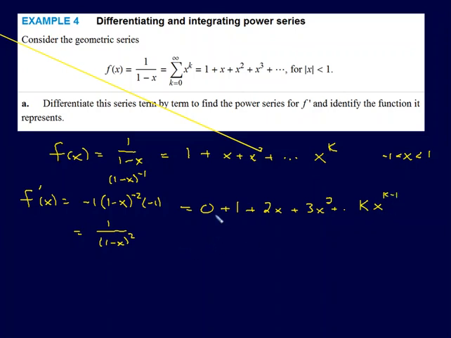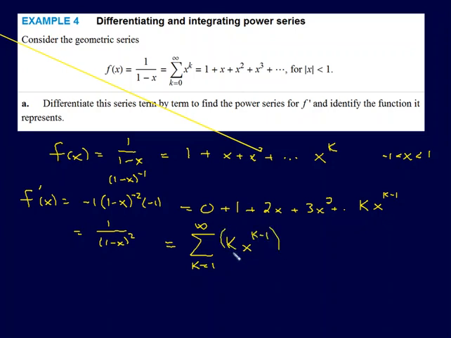Now I'll notice that in this derivative, the term that was previously the k equals 0 term is no longer there. This 1 is associated with k equals 1. So when I write the compact version of this power series, the k now starts at 1, and it's going to be k x to the k minus 1 for the general term.